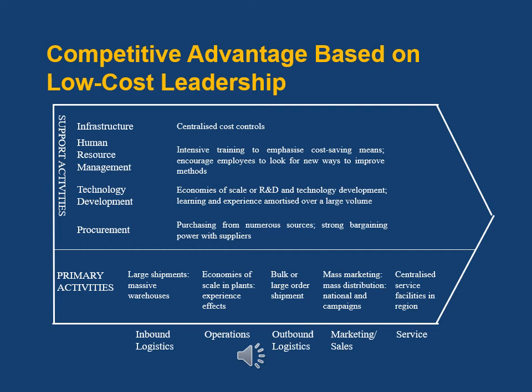For example, in a primary activity, instead of having smaller shipments, you can go for economies of scale by having larger shipments or a massive warehouse. Instead of sending things in small amounts, we try to do it in bulk or large quantity. So these are some good examples.